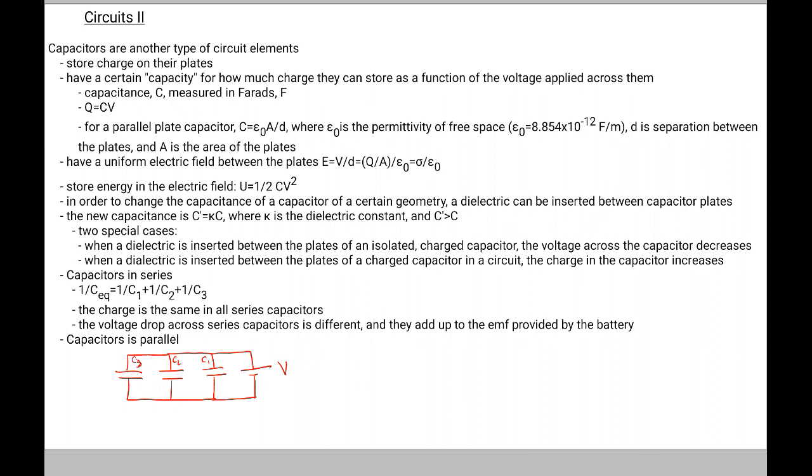It is pretty clear that capacitor 1 is connected straight across the battery, capacitor 2 is connected straight across the battery, and capacitor 3 is connected straight across the battery, which then means that the voltage across capacitor 3 is V, voltage across capacitor 2 is V, and voltage across capacitor 1 is V. But then charge will distribute itself differently on all the capacitors.